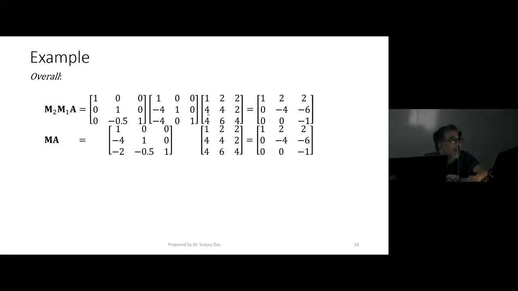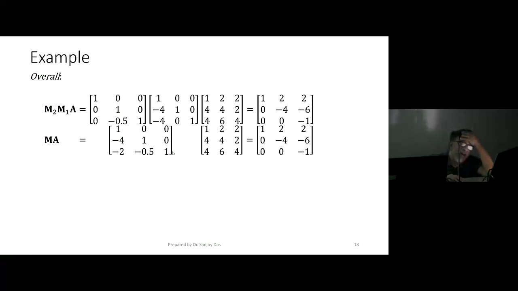Now, that's equivalent to pre-multiplication with the product M2 M1, which I call M. Okay, so A was my original matrix, and then MA is this. And this is my M. M is M2 times M1.